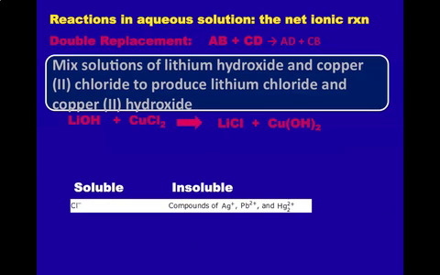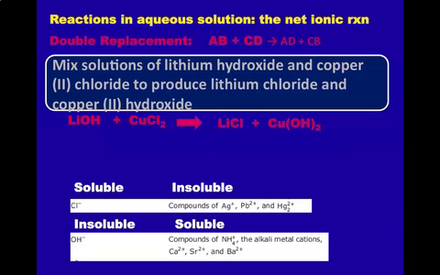Okay, so I'm taking little pieces from that chart I showed you a minute ago. With chlorine, it is soluble unless it's combined with silver, lead, or mercury. The other one we're looking at is hydroxide. It is insoluble unless it's combined with ammonium, the alkali metal cations, calcium, strontium, or barium.